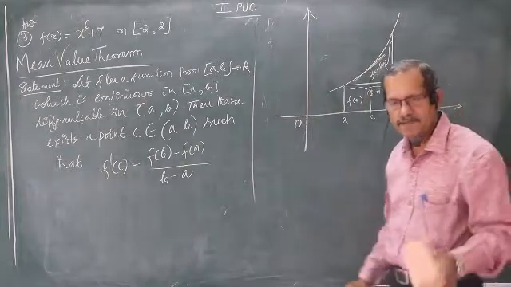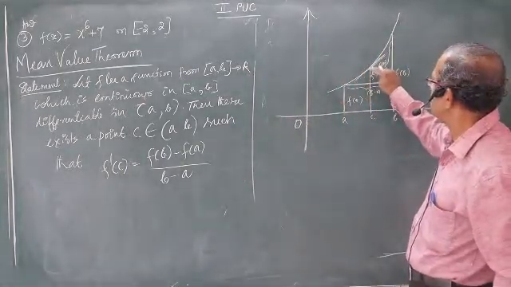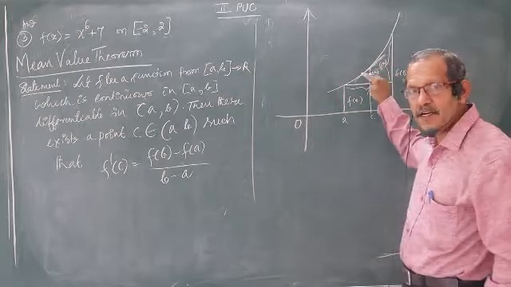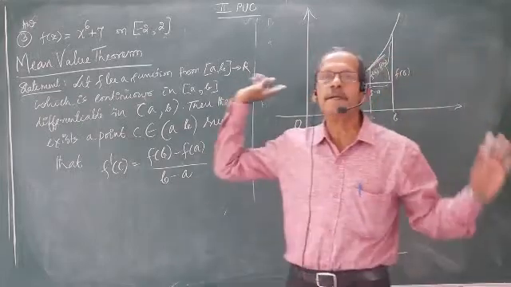According to the theorem, there exists a point on the curve where the slope of the straight line drawn at that point is the same as F of B minus F of A by B minus A.